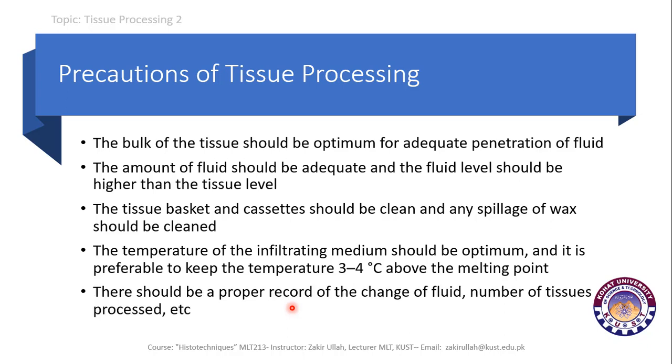There should be a proper record of the change of fluid, the number of tissues processed and the paraffin used, and all other errors that come during the process of tissue processing.